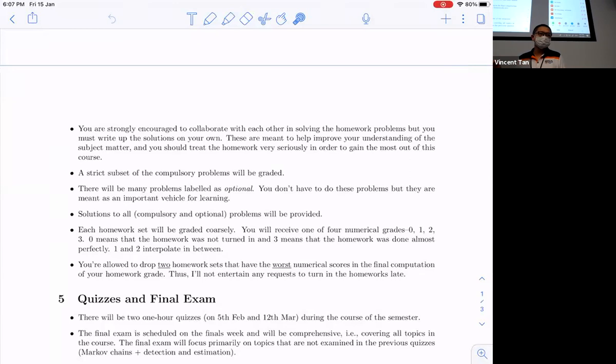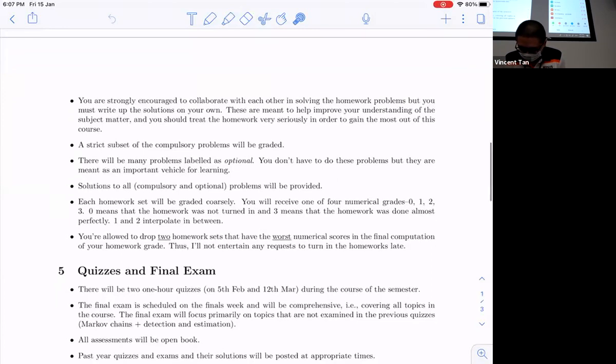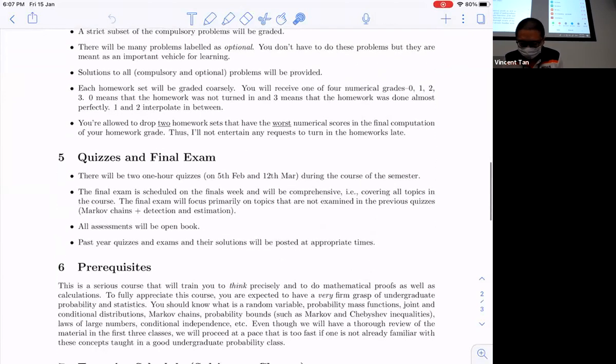Understood? So you don't have to ask me for extensions. If you really need an extension, just drop it, do the rest, and you're allowed to drop 2. So I will not entertain any requests for the homeworks. Very fair, right? This system, no one complains.